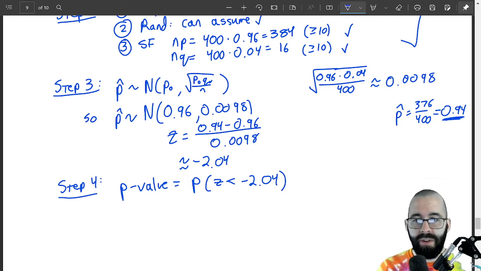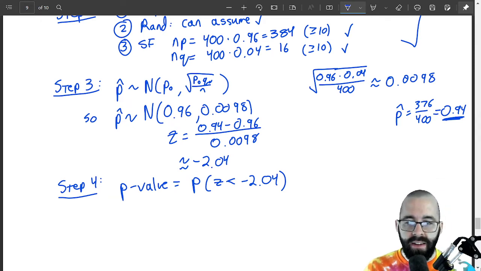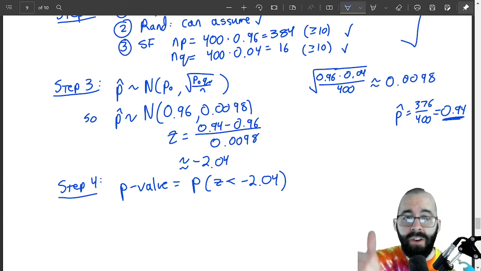This p-value, most important part of this whole section, is the probability that, assuming everything is correct, assuming our null hypothesis, assuming that 96% of customers are figuring things out, our sample could return something at least this bad, right? 94% is under our target.